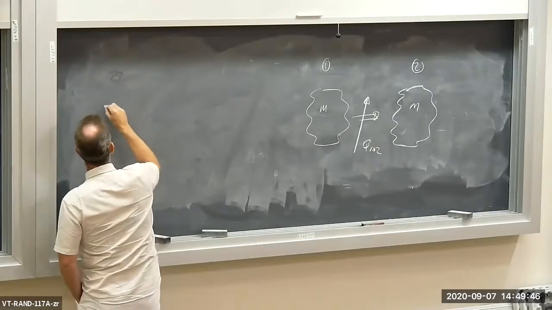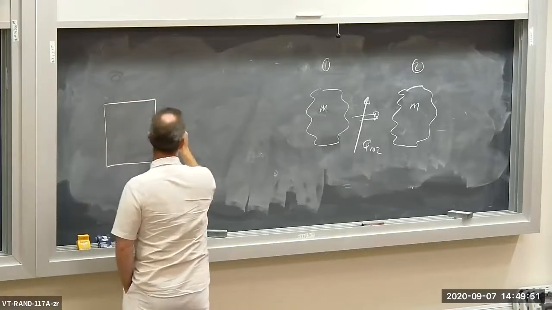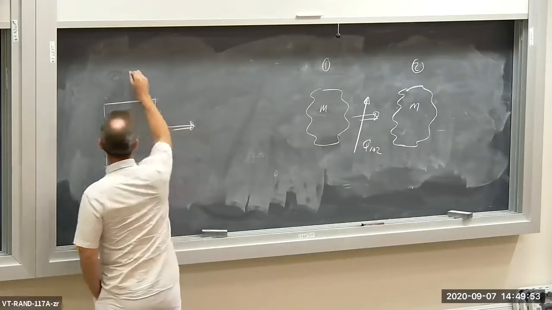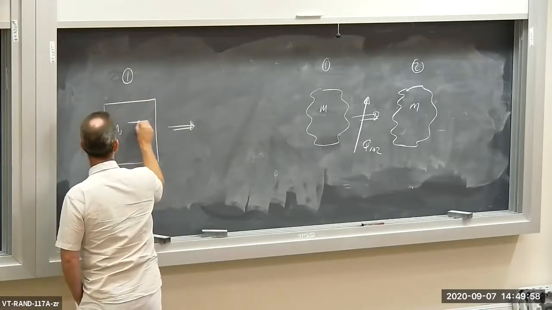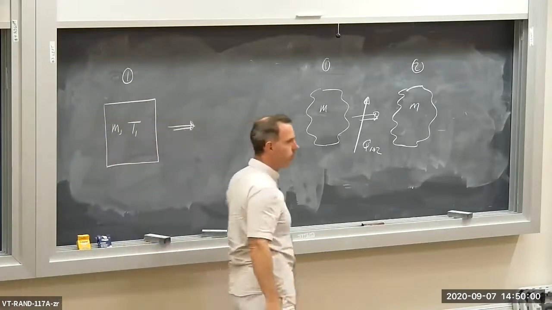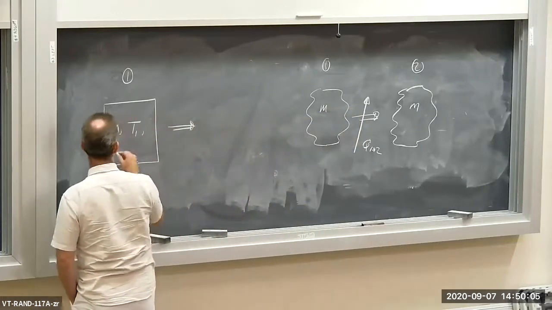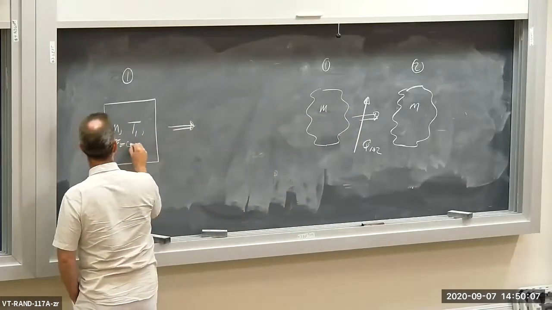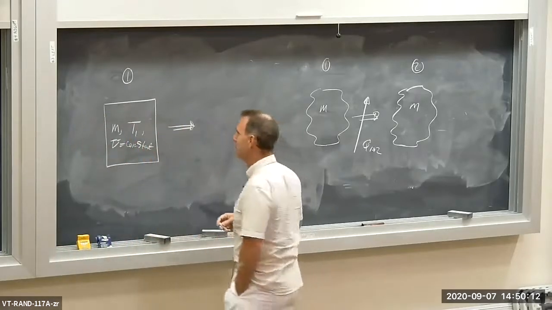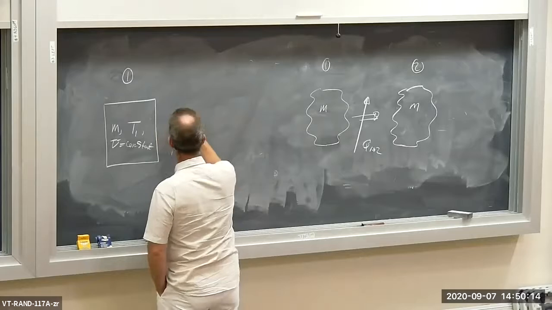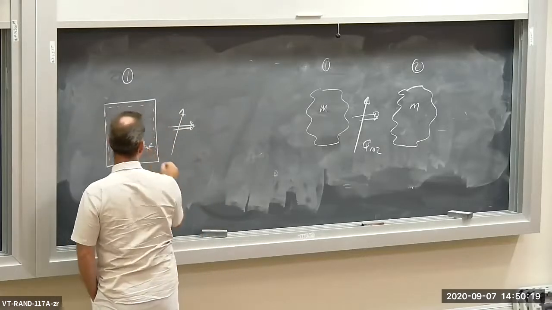What about if instead we have a rigid container? So we have a certain amount of mass in here and we have a T1. And this is a rigid container, so volume is constant. So I add heat to my substance in this rigid container.